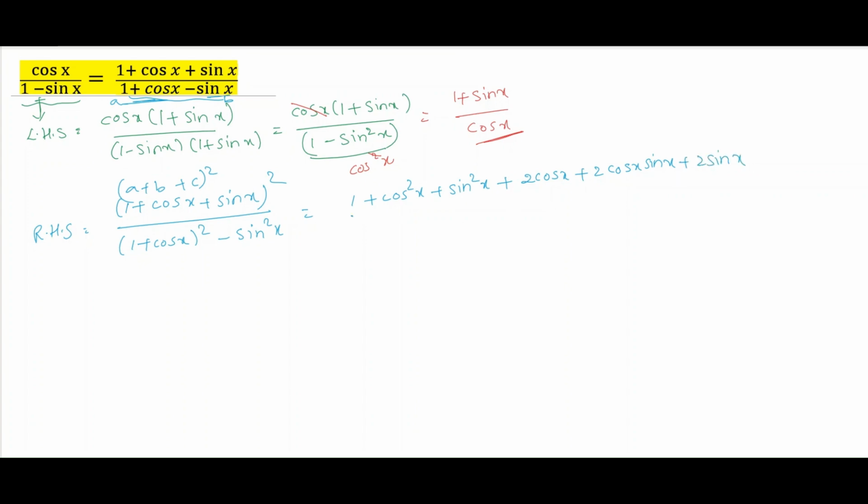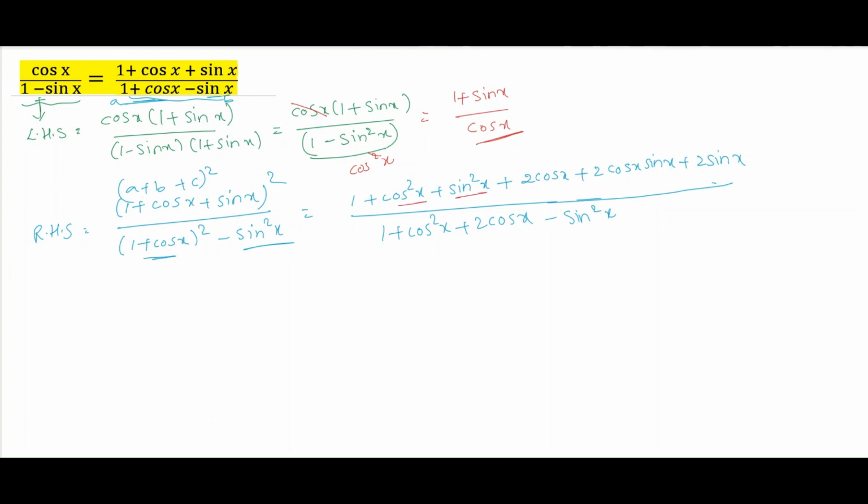In denominator, we'll expand using a plus b whole square here. That makes 1 plus cos square x plus 2 cos x, and the next term minus sin square x as it is.